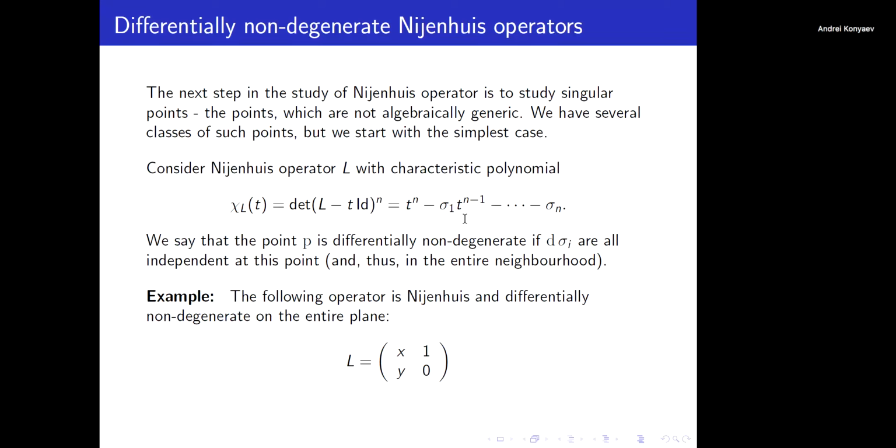We call it differentially non-degenerate, and this implies that in a given point, the coefficients of the characteristic polynomial are independent. It means that you can take them as coordinates, right? Their differentials are independent. If they're independent at the point, they're independent in a sufficiently small neighborhood, and this is your coordinate.